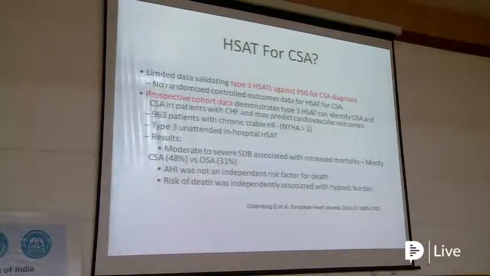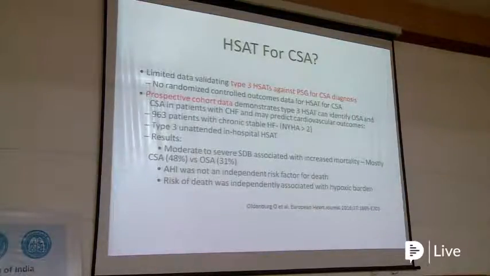Whether we can use the home sleep apnea test for CSA, there are very limited data available for that. There are no randomized control outcome data for the home sleep apnea test for CSA. Some prospective cohort data demonstrate that a type 3 home sleep apnea test identifies OSA and CSA.